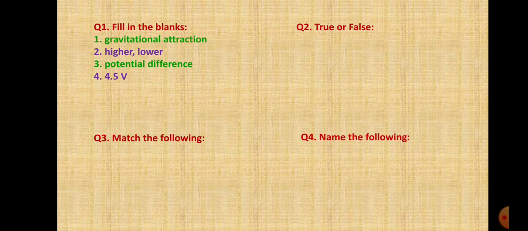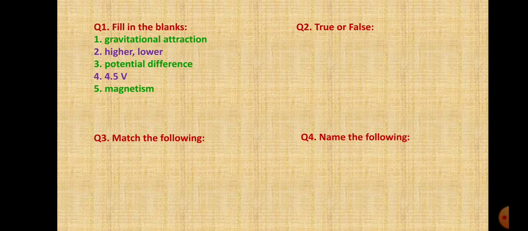So it will be 4.5. 1.5 plus 1.5 plus 1.5 equal to 4.5 volt. Fifth one is, an electric current flowing in a wire creates dash around the wire. It creates the magnetism. So the answer is, an electric current flowing in a wire creates magnetism around the wire.